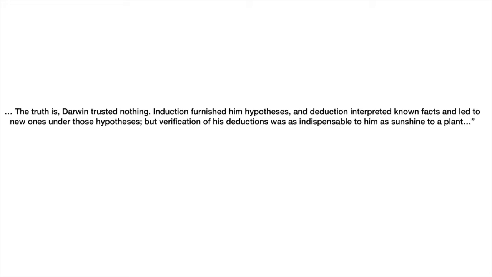Hence, there's an incessant interplay of induction and deduction. The truth is, Darwin trusted nothing. Induction furnished him hypotheses, and deduction interpreted known facts and led to new ones under those hypotheses. But verification of his deductions was as indispensable to him as sunshine to a plant.